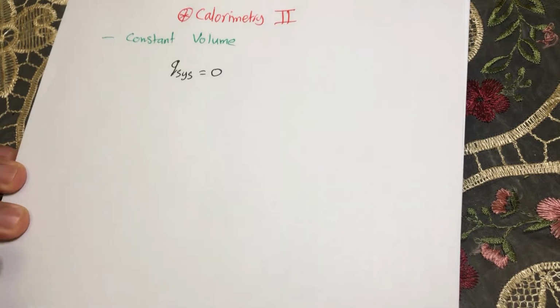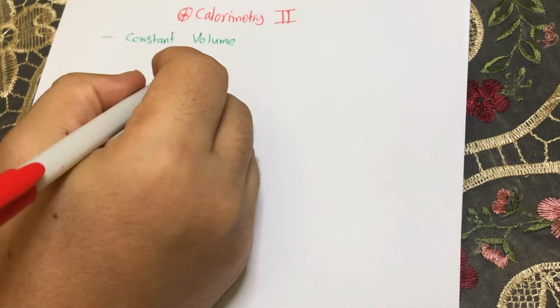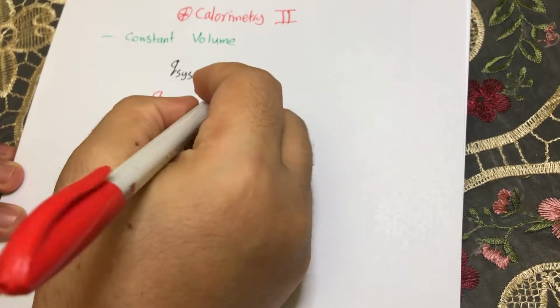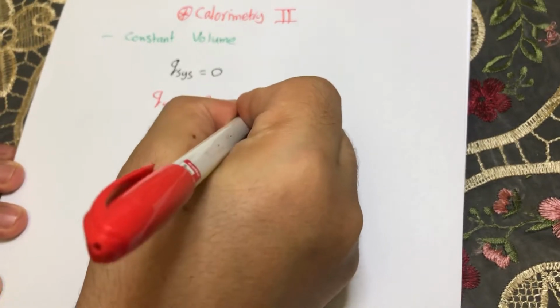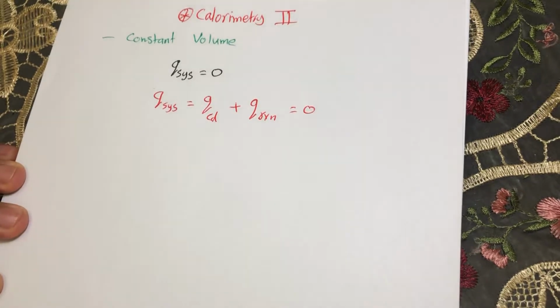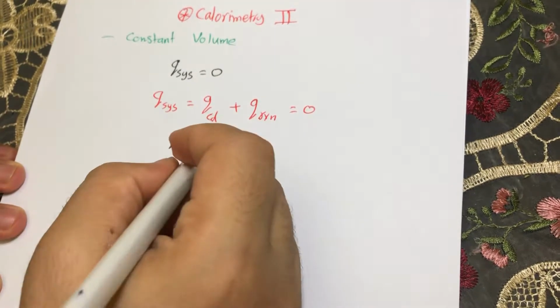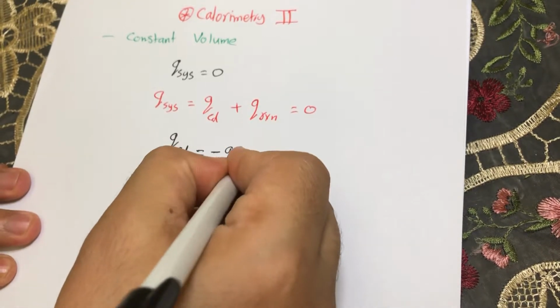And we can write Q system is equal to Q of the calorimeter plus heat of reaction, and this should be 0. So Q calorimetry is equal to minus Q reaction.